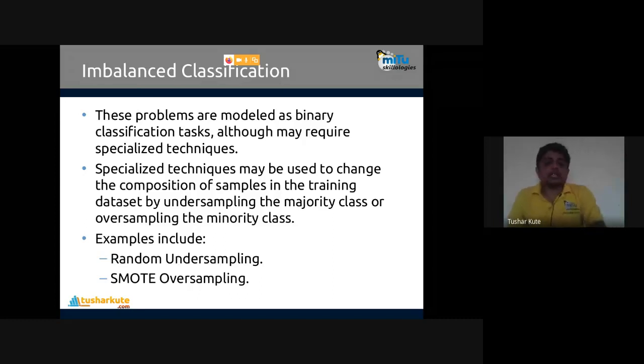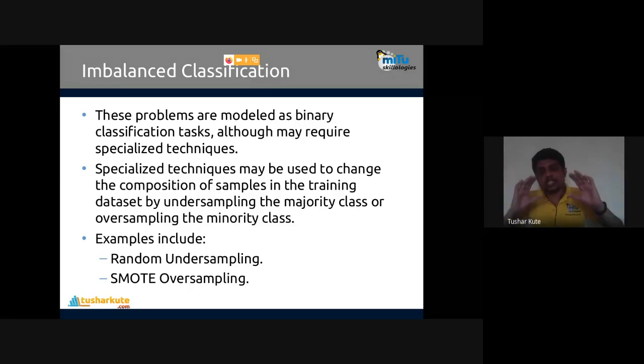Undersampling means decreasing the class which has high entries, and oversampling means increasing the class which contains low entries, to make them balanced. So this is a pre-processing technique required for imbalanced classification.